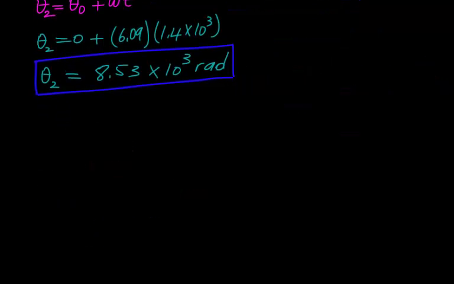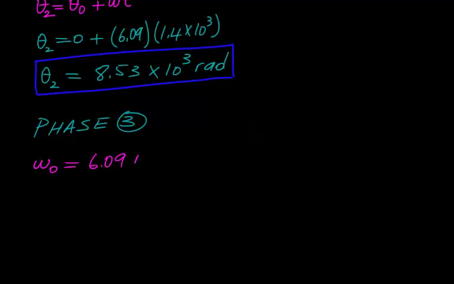Now let's move on to the final phase, phase 3. It's a decelerated motion. Let's write down the information that is known to us. The initial angular velocity is known because that's the same as the omega during the second phase, which is equal to 6.09 radians per second.